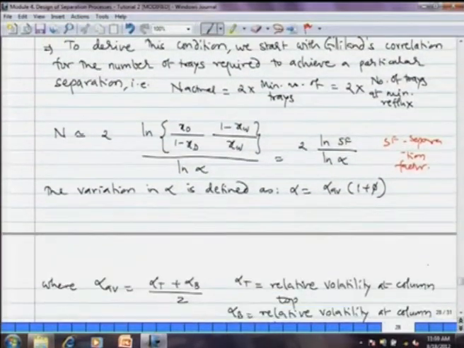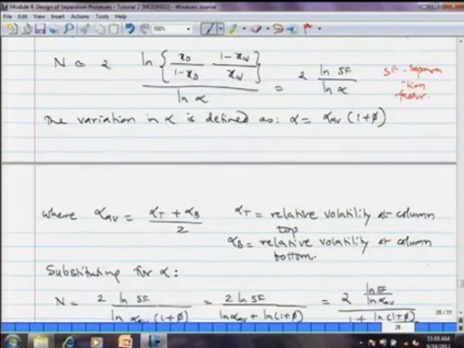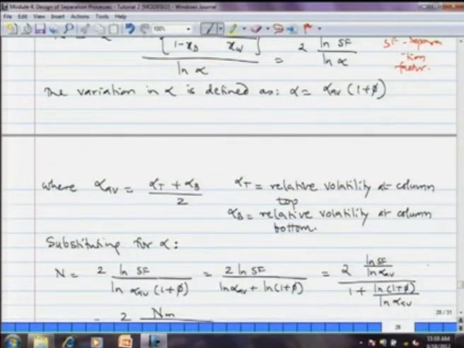Now, we define the variation in alpha as alpha average into 1 plus phi, where phi is the variation, and according to Gilliland, N is approximately 2 times ln x d divided by 1 minus x d into 1 minus x w divided by x w, divided by ln alpha. Alpha average we define as alpha t plus alpha b divided by 2.